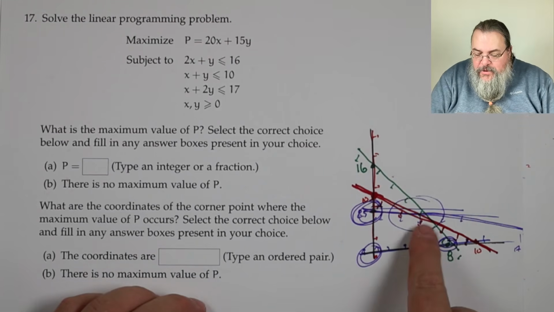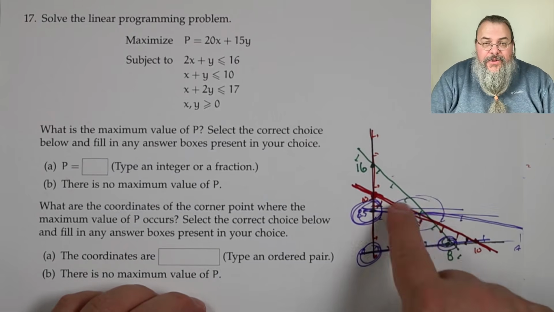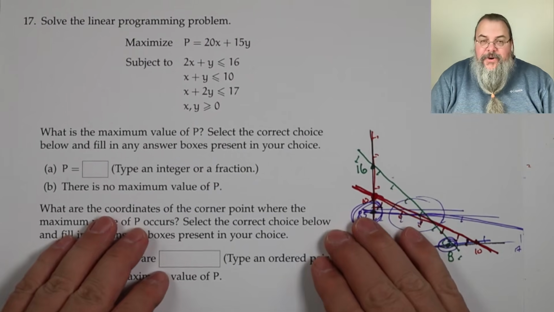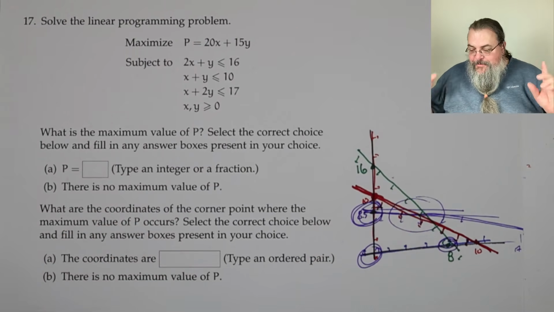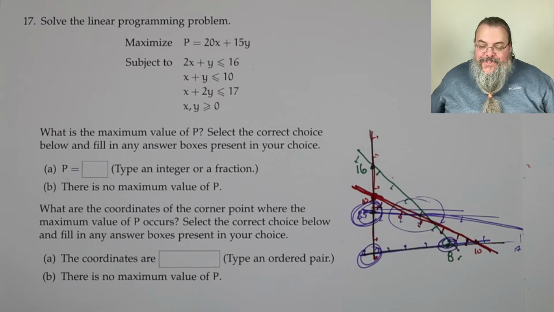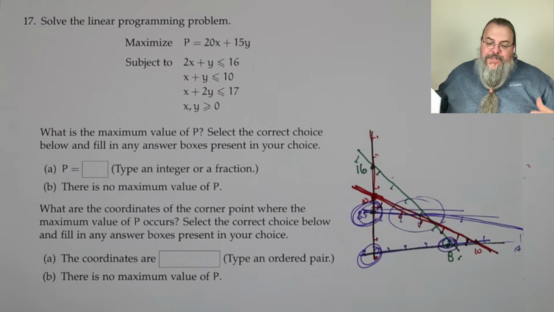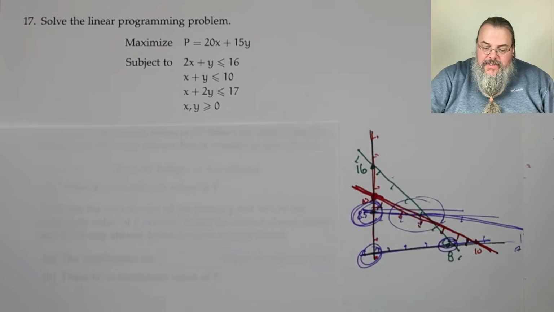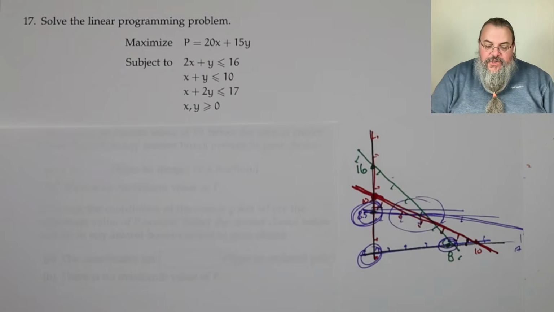Do I have one corner, or two corners, or three corners? How do you know? So there is a method, and I'm going to talk about it really quick, which is to test all the intersections. If you aren't sure, check them all, because it's better to be sure.